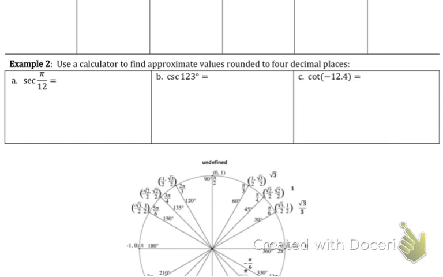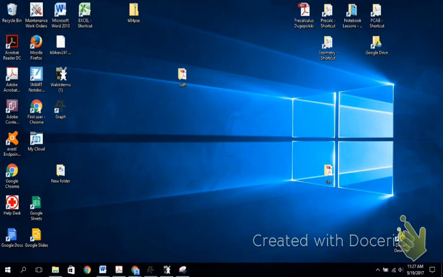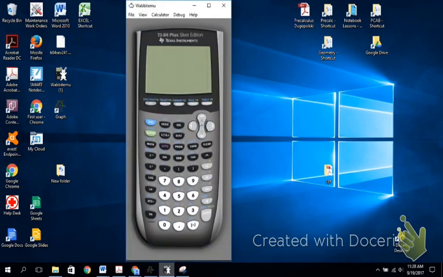All right, we're going to approximate values rounded to 4 decimal places. The first thing I have is secant of pi over 12. So let's go ahead and take out our calculators. I just want you to locate your secant button, and then do secant of pi over 12.